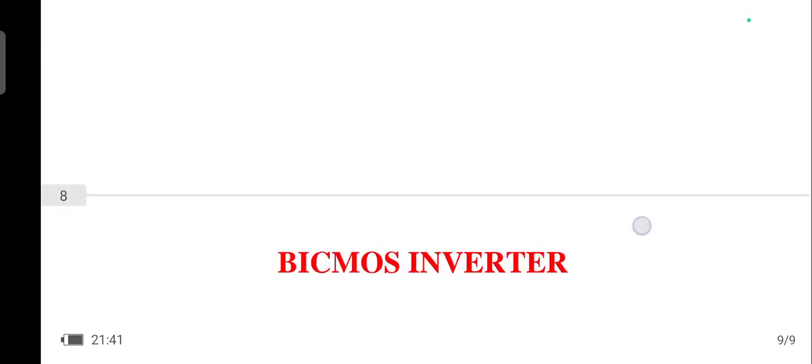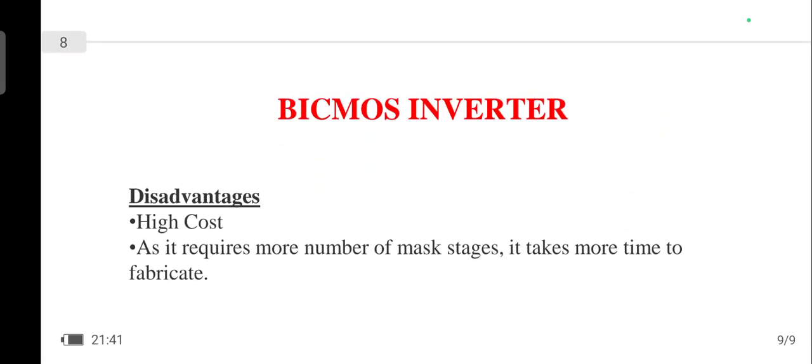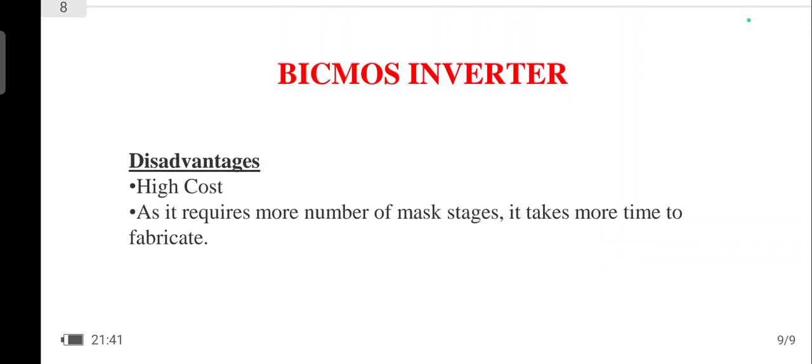Now coming to a few drawbacks of the BiCMOS inverter. These require higher costs because we have to fabricate CMOS devices and bipolar devices into a single IC.